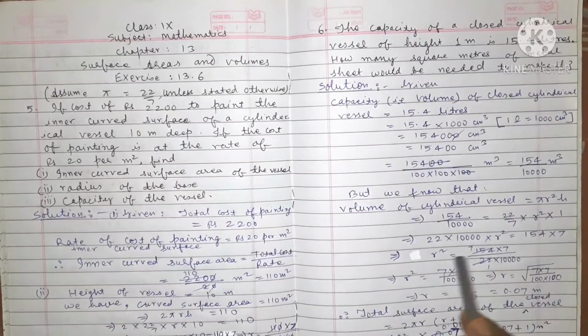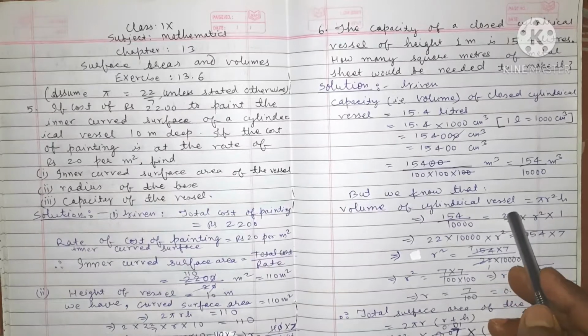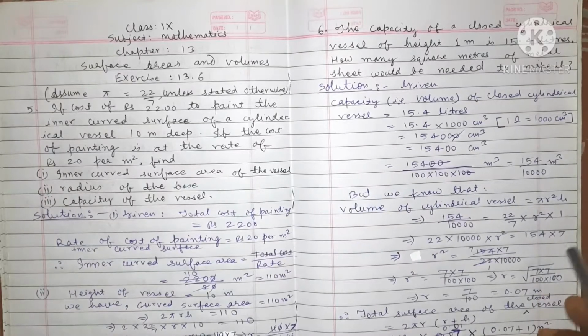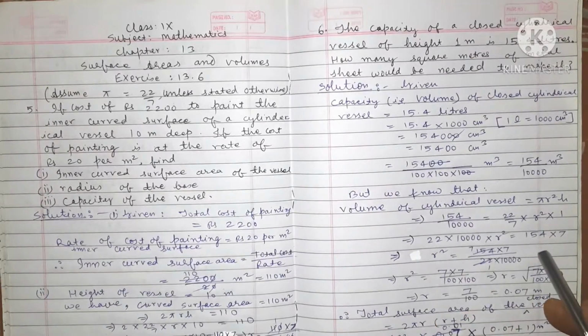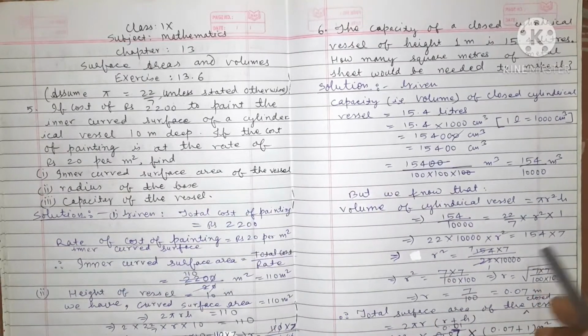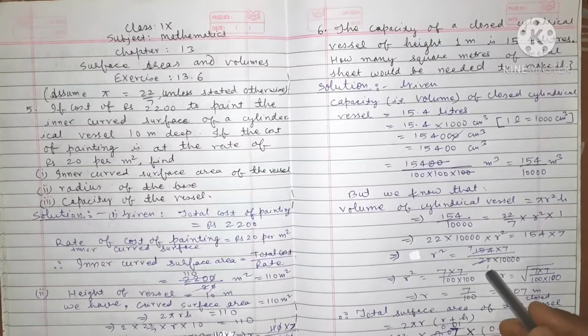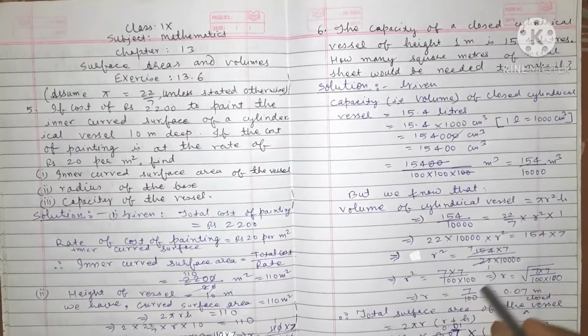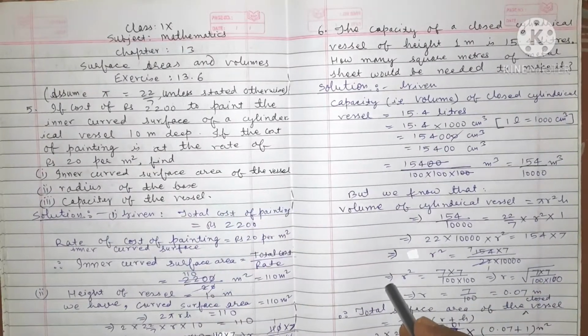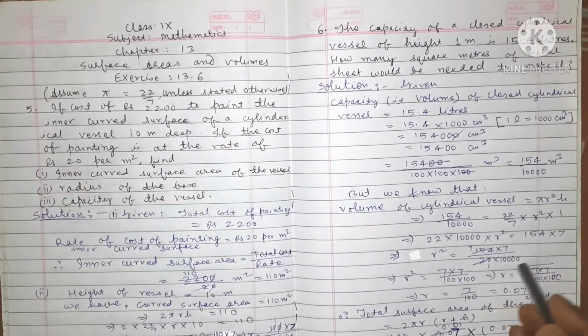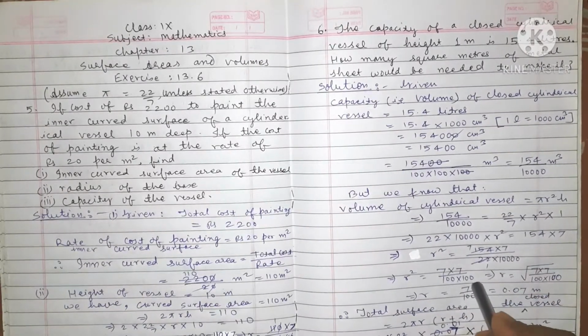By cross multiplication we get 22 into 10,000 into r square equals 154 into 7. This implies that r square equals 154 into 7 divided by 22 into 10,000. 22 7s are 154. This implies that r square is equal to 7 into 7 divided by 10,000, which can be written as 100 into 100.